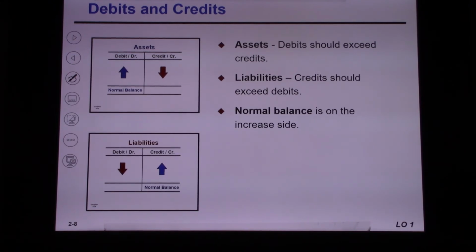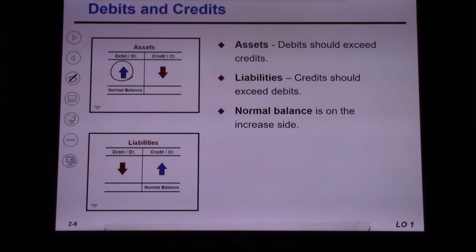First, assets. In case of assets, all asset accounts will have a debit side when you increase assets. So, if there are increases in assets, it will be on the debit side.